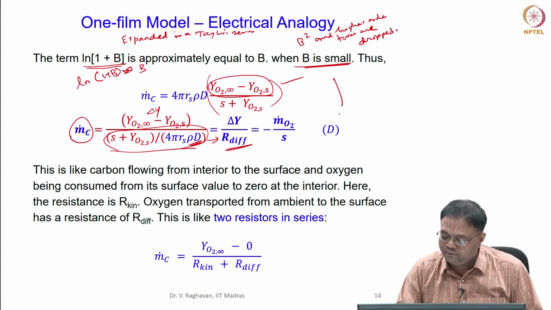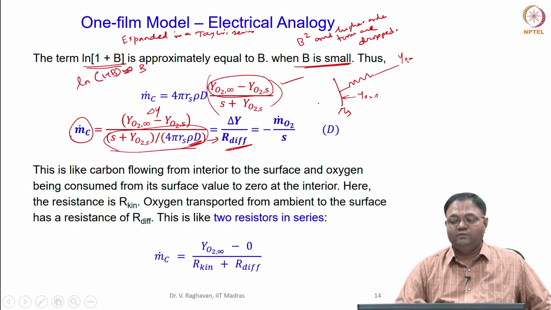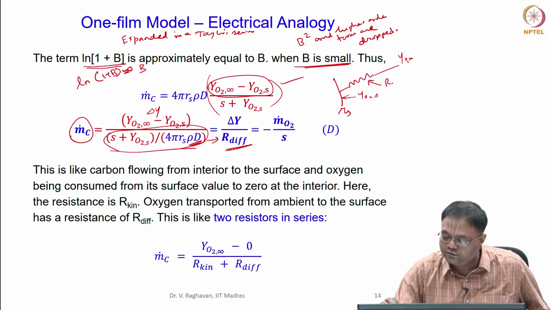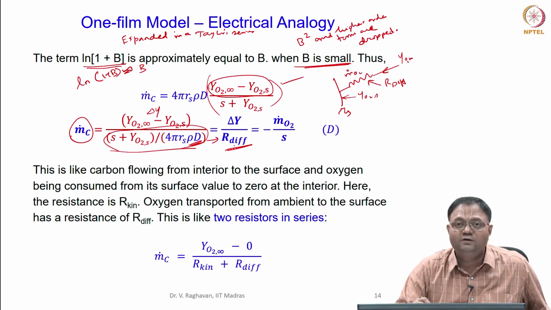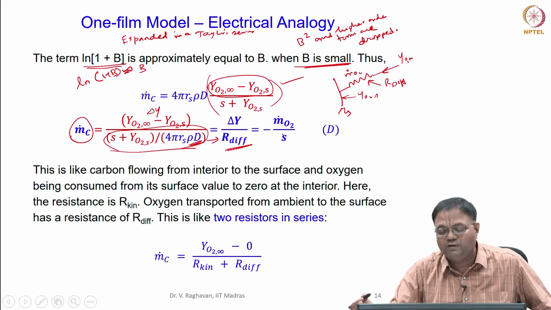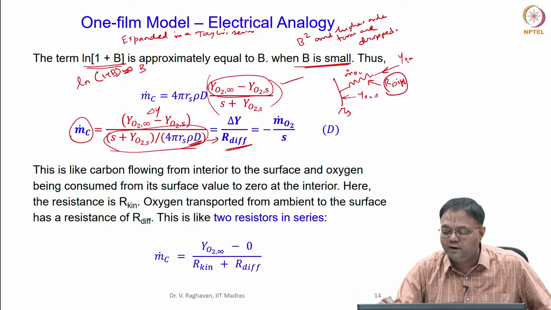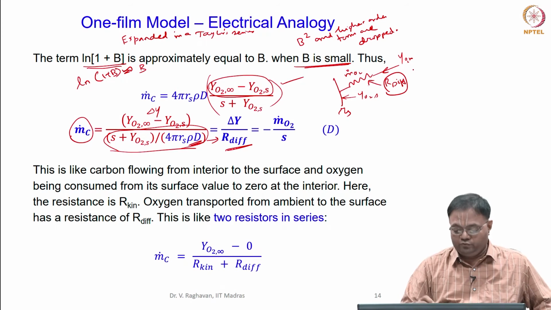So, to the surface R s from the infinity, oxygen diffuses here. Okay, now one second, that is the resistance for this. So, here it will be O to infinity, and this is again YO2S. This is the potential difference and this is R diff, this resistance is R diff. Okay. So, the amount of mass of O2 coming from the gas phase to the surface is restricted by this R diffusion term, the resistance.